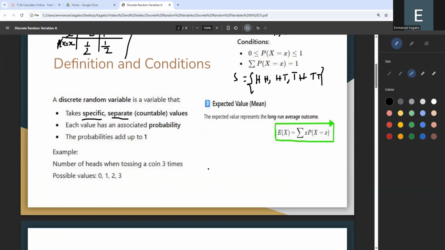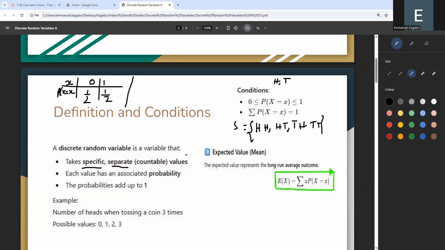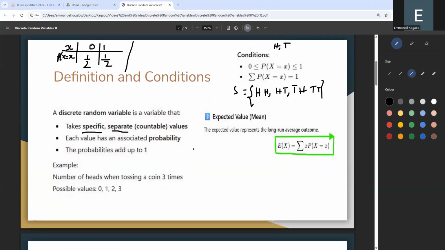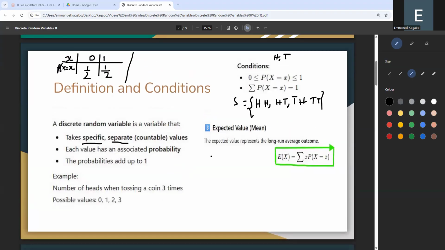I would like to draw the discrete random variable table, which will help you to understand what I'm talking about. Remember, my main objective is how many heads I am going to get. So the possible outcomes: I may not get a head at all, okay? I'm going to start doing past papers in the next few minutes.